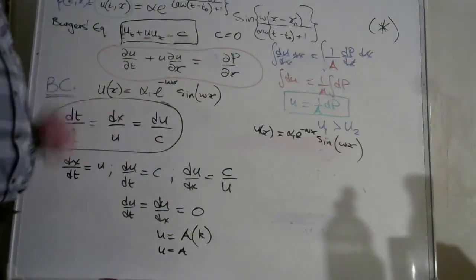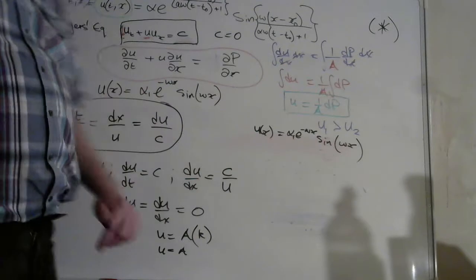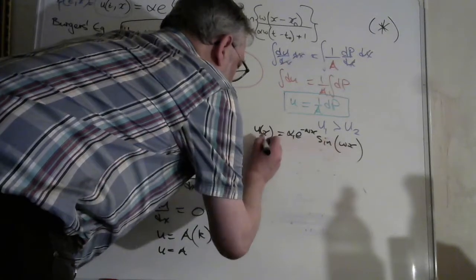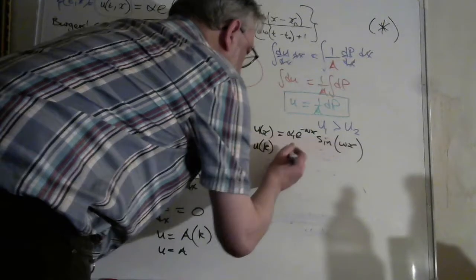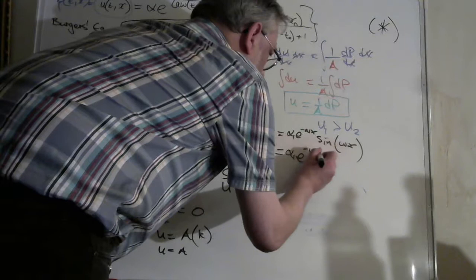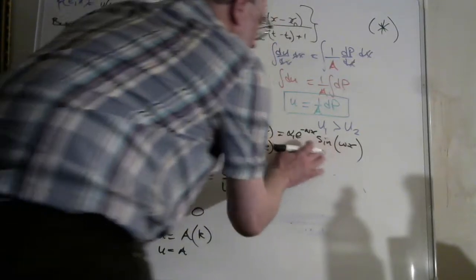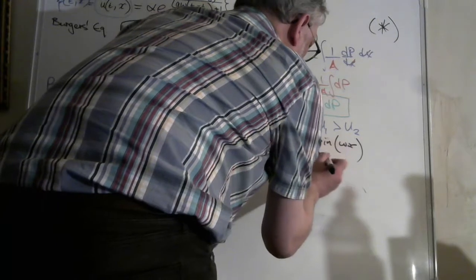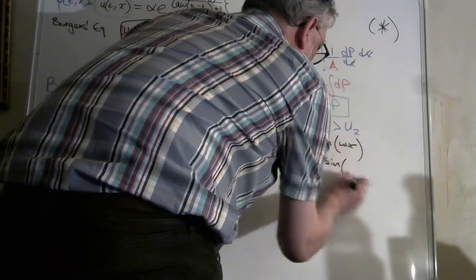Now, if you read my paper, you'll see how I solve that, because basically what you do is you substitute in the general coordinate system, k, sorry, that should be a k. K sine omega k.